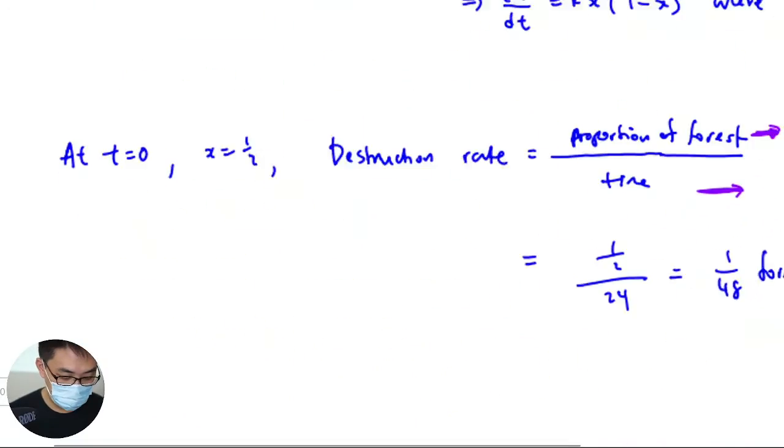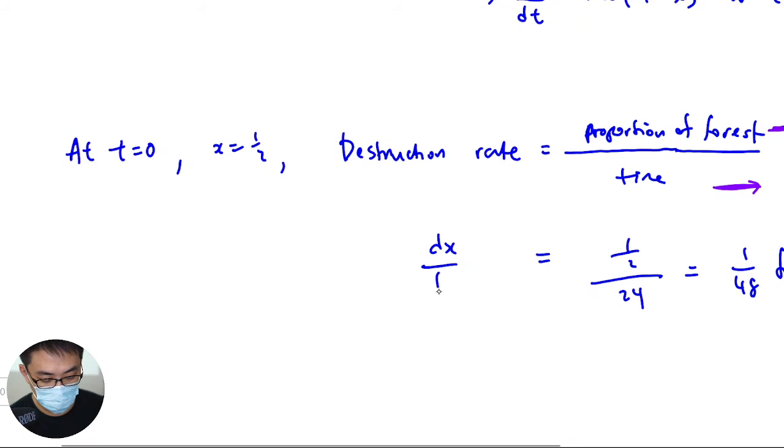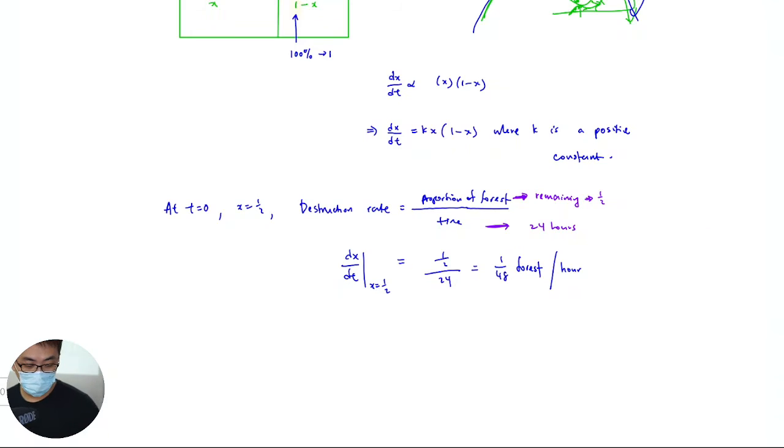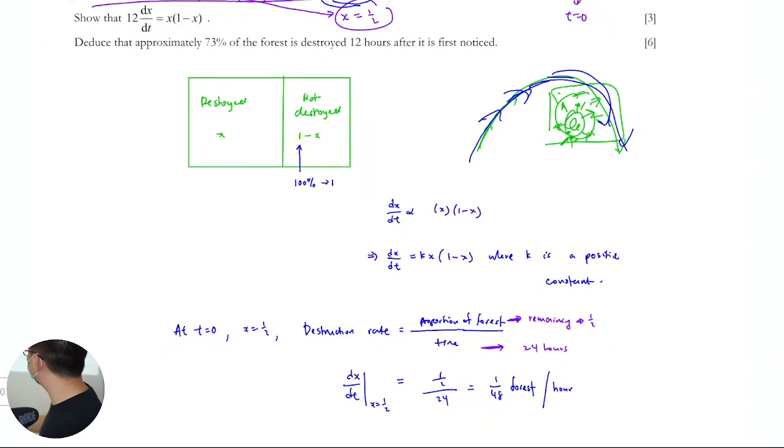This is what you do. This is actually the destruction rate, dx/dt when x equals a half. So you just substitute all this inside the differential equation, and you can find your k.